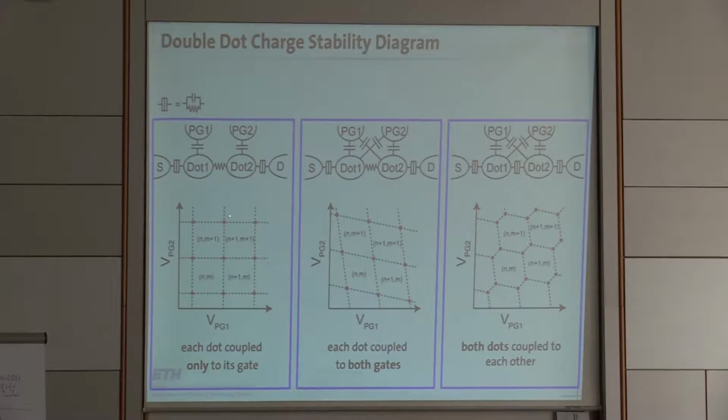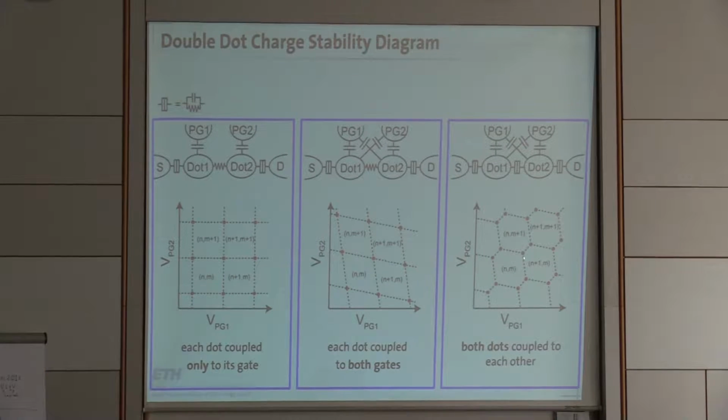You can understand it by considering how the gate charges couple to each individual dot, how the gates have some cross coupling, so they are not only coupled to an individual dot but also to the neighboring dot, and that there's a little bit of capacitance between the two dots as well. Then you get these honeycomb structures.